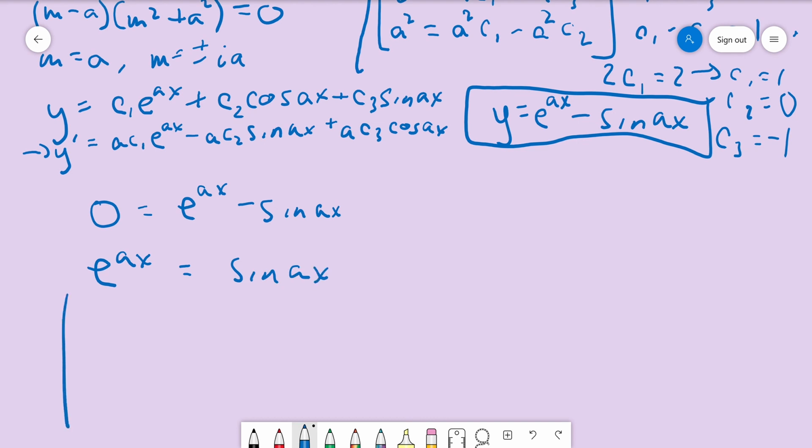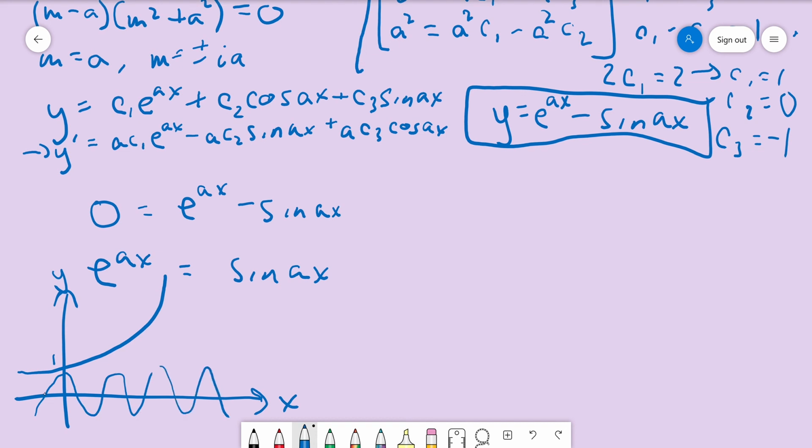Well, if you think about the graphs of e to the ax, it's something like this, where this is 1, because e to the 0 is 1. And sine ax, well, that's something like this.